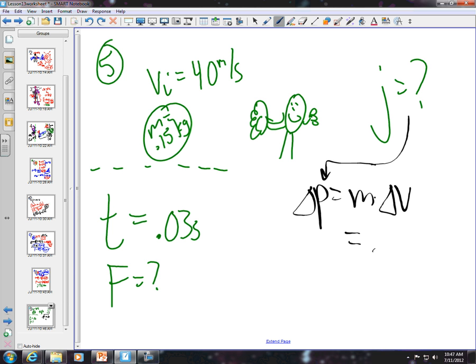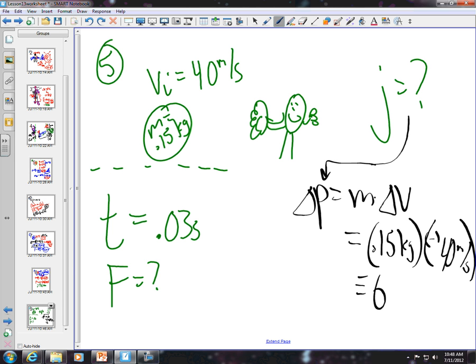So 0.15, the change in velocity goes from 40 to 0, so it's, again, technically negative 40 meters per second. Looks like it's going to be 6. Yeah, again, negative 6 kilogram meters per second. So that's the impulse or the change in momentum.